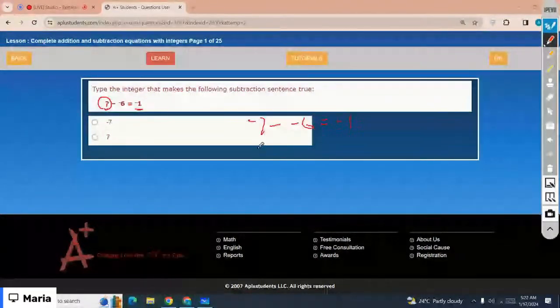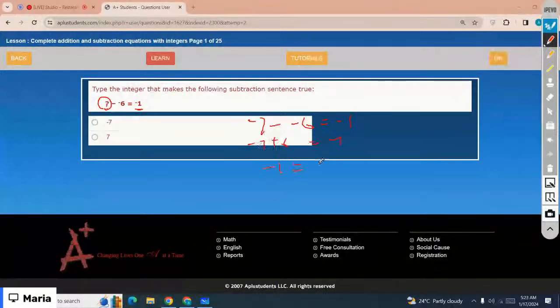So subtracting a negative integer is the same as adding, right? So negative 7 plus 6 is negative 1, and see, both the sides are exactly equal. That means the correct option is negative 9. So just replace the question mark with the options, with that option that satisfies the question. That means the option on which both the sides are exactly equal is the correct option. Got it?